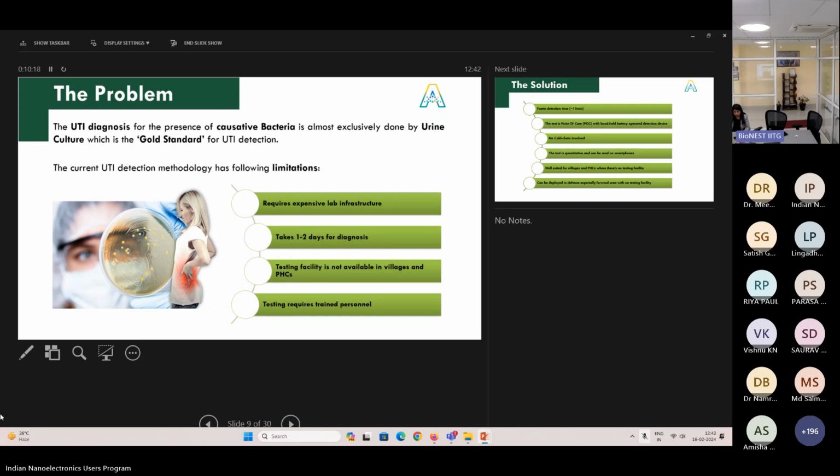The patient gives a urine sample, and a few drops of that sample are put on an agar plate, which is generally CLED agar or chromogenic agar. If that person is really infected with any kind of UTI bacteria or uropathogen, after 18 or 24 hours you get bacterial growth on that plate. So this is the gold standard, right?